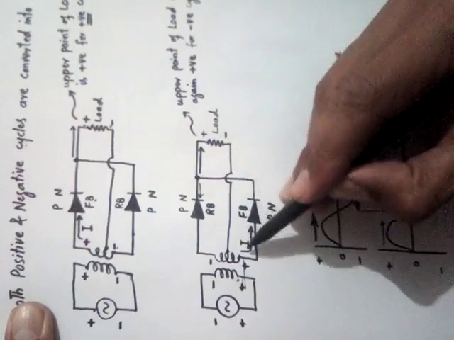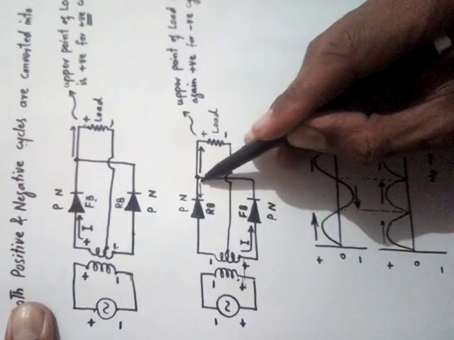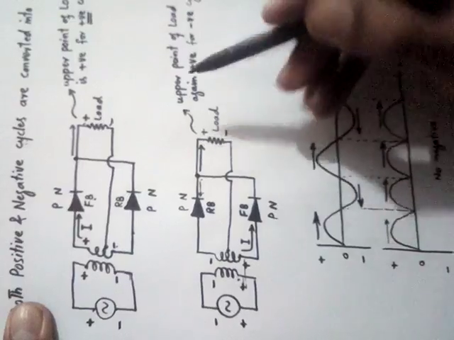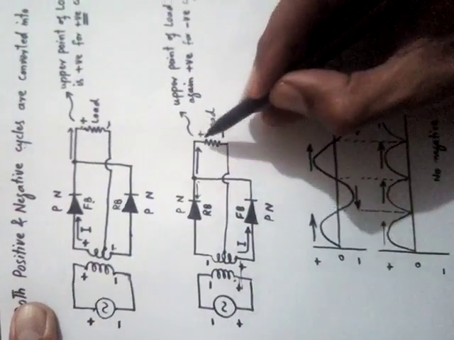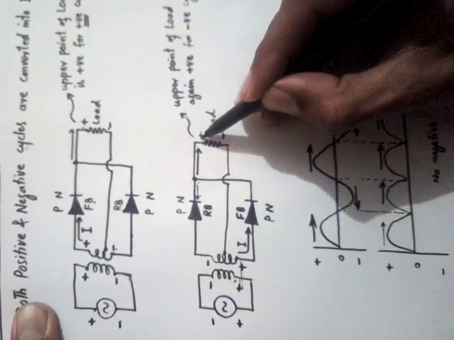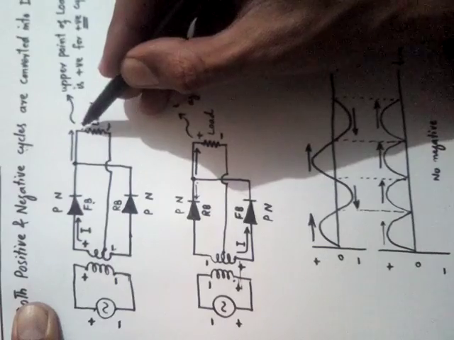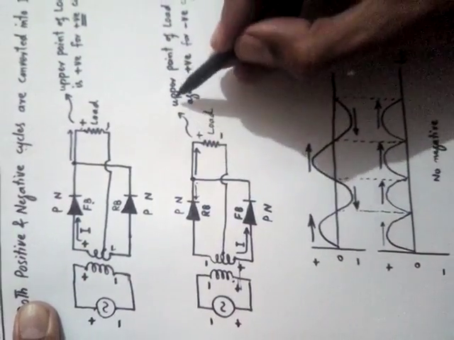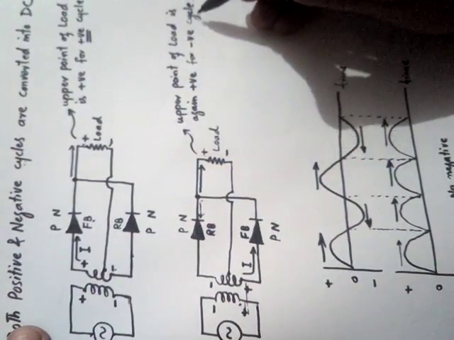There is no way going back, but the way is available right here. Again you can see that for the negative half cycle, the upper point of the load is again positive. Look here, it was positive for the positive cycle and it is again positive for the negative cycle.